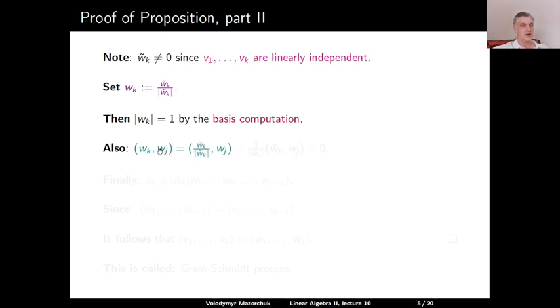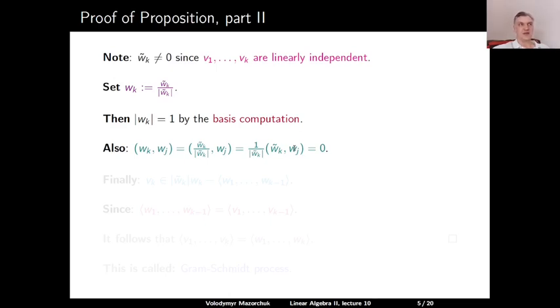We can use bilinearity to move the scalar out of the inner product, and then we have the inner product of wk tilde and wj, and we know that this is 0. This was computed on the previous slide. So this means that vectors w1, w2, and so on wk are all normed and are pairwise orthogonal.